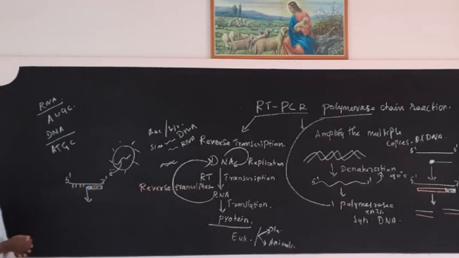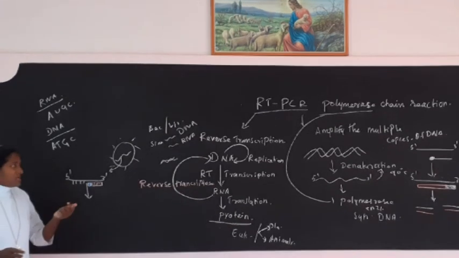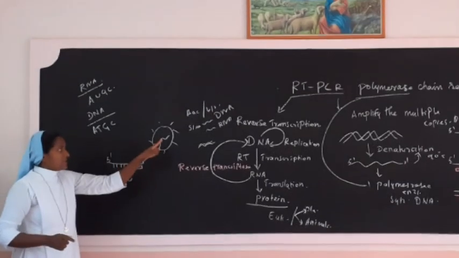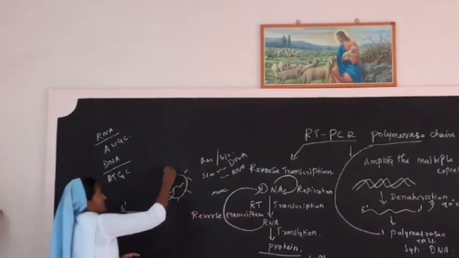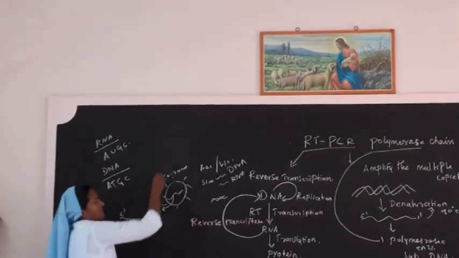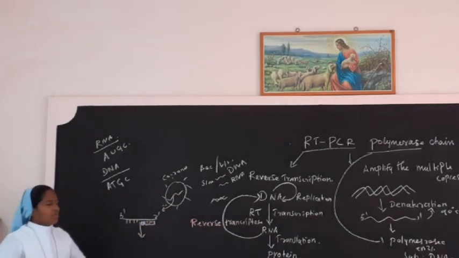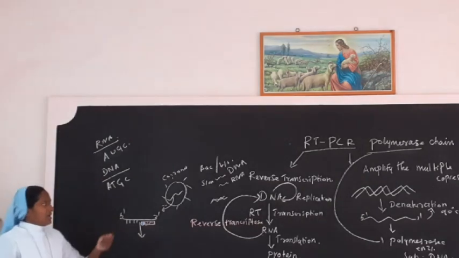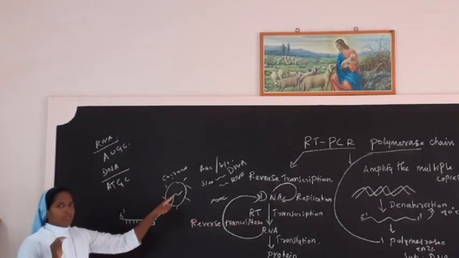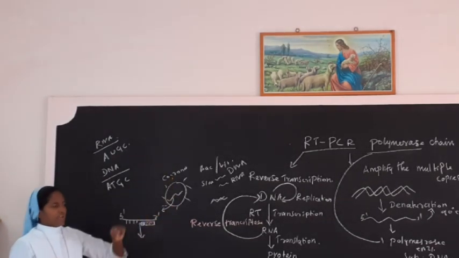But now, the sequence that is present in the RNA of the coronavirus was already found out by China. They have given the sequences, what type of sequences are present in the coronavirus.